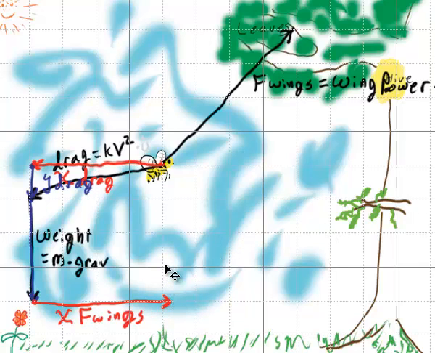And the y component is going to be 1, 2, 3, 4. Did I count right? Yeah. I didn't realize that was square. So now I know the angle here is going to be 45 degrees for the force of the wings.